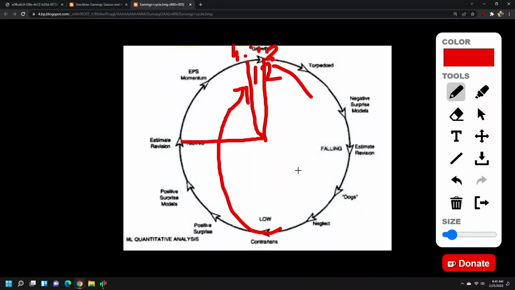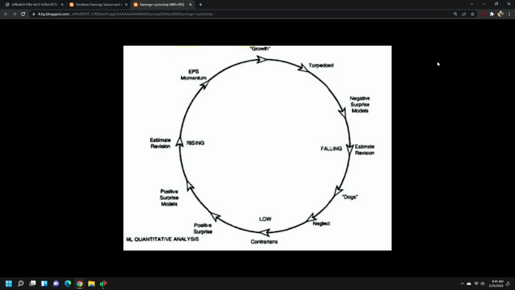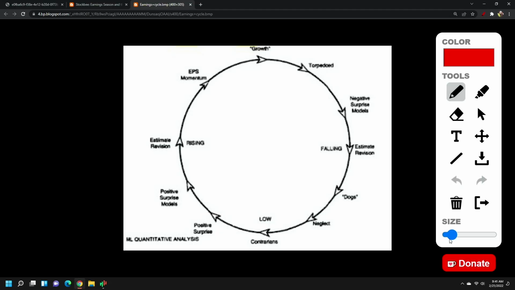And the moment it starts missing earnings, then it starts going down. So if you understand the Cinderella strategy, essentially the essence of Cinderella strategy is that you avoid this period, right? Because this is the period where there is a negative earning surprise.